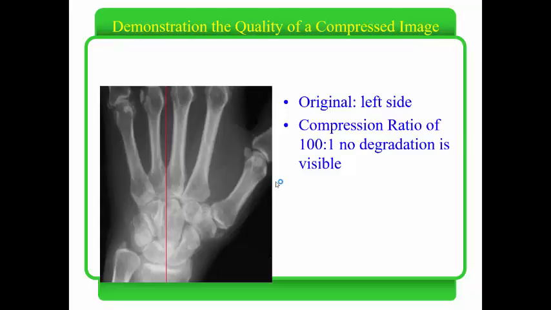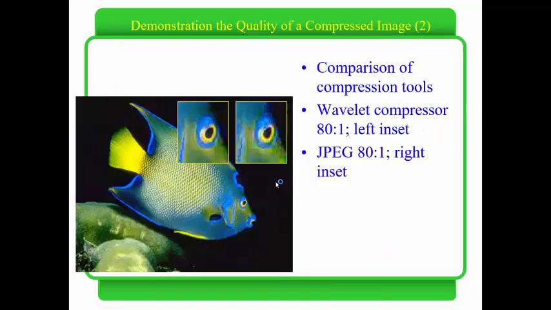As you can see here, with respect to the quality, you cannot recognize much difference, although we have made some sort of high compression here. Here also he is referring to some kind of comparison between the wavelet compressor and the JPEG compressor. This is the wavelet, this is the JPEG.